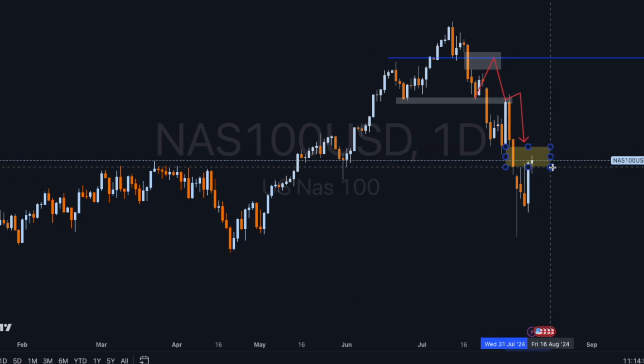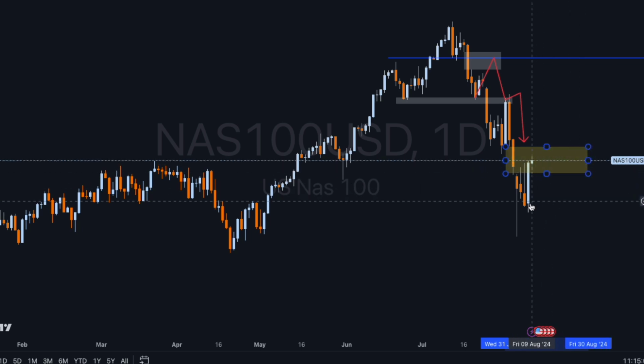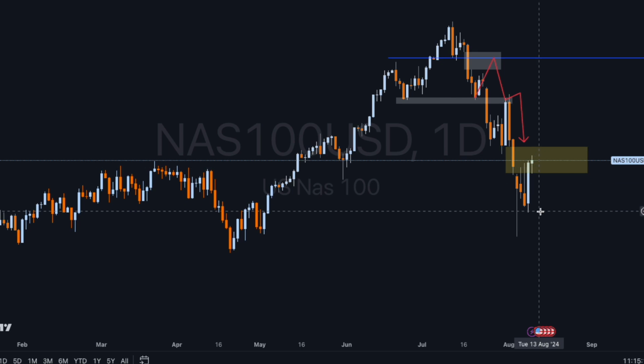So we have an FVG in this zone that the market is in right now. Although we have a parabolic push to the upside, it hasn't created an FVG. So we do not have an FVG with this move to the upside, but we do have a bearish FVG sitting right where market is in right now. So the possibility of the Nas tracing back down again, in my opinion, is quite high.